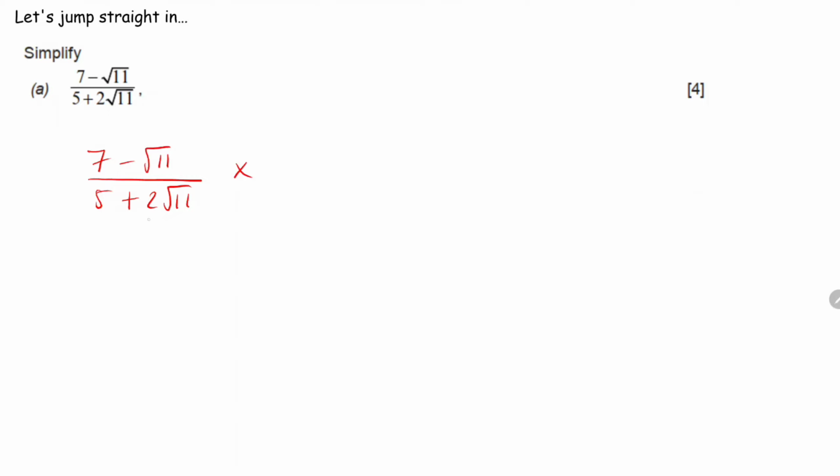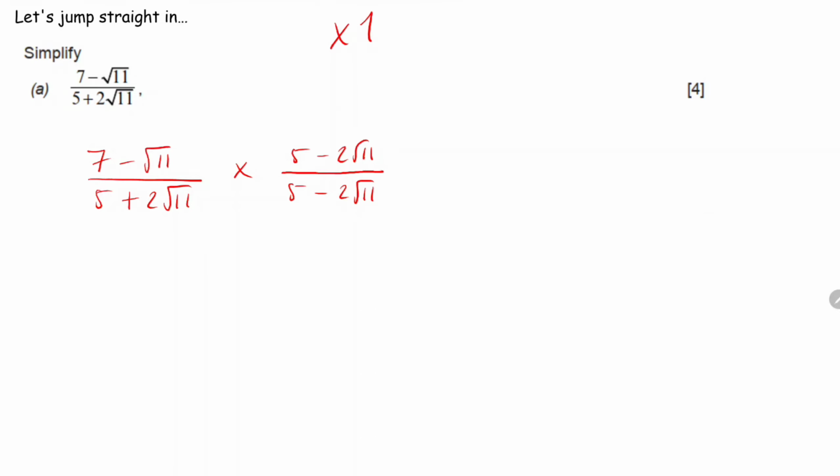So the key is here to look at what's at the bottom of the fraction. We've got 5 plus 2 root 11. And what we're going to do to rationalise that denominator, that bottom, we're going to multiply it by 5 minus 2 root 11. Now, because we put that at the bottom of the fraction, we must also write the same at the top so that this fraction is equivalent to multiplying by 1 whole.